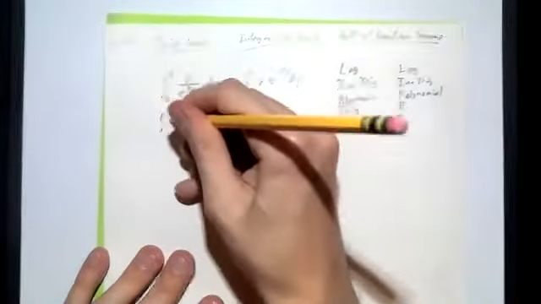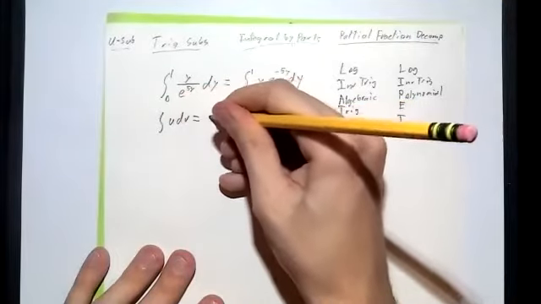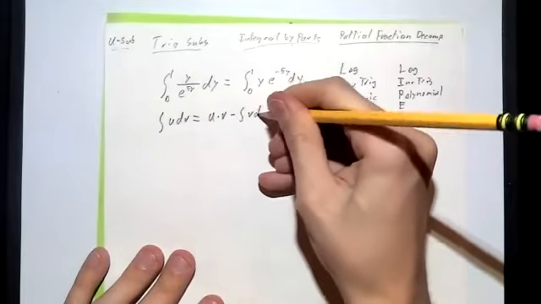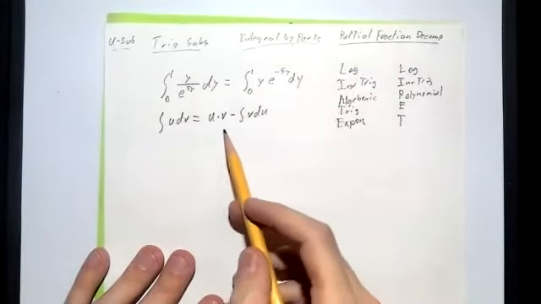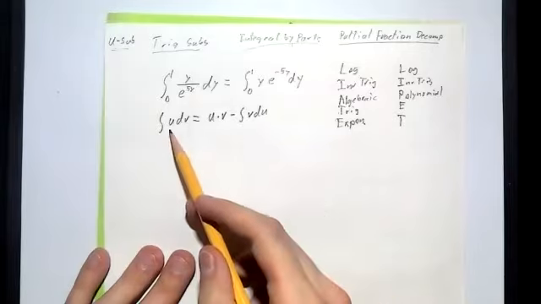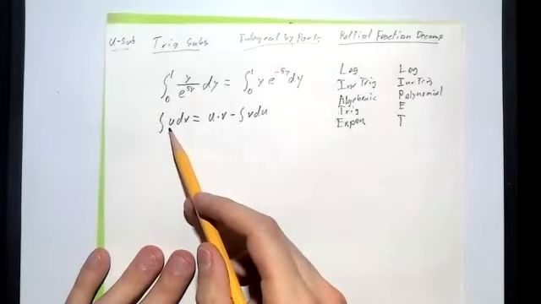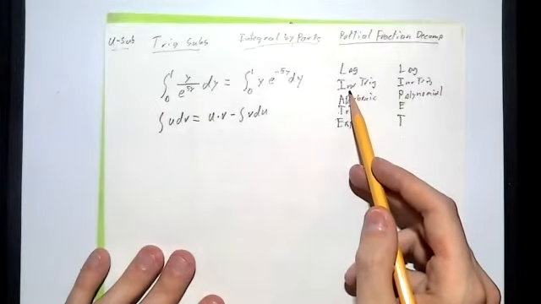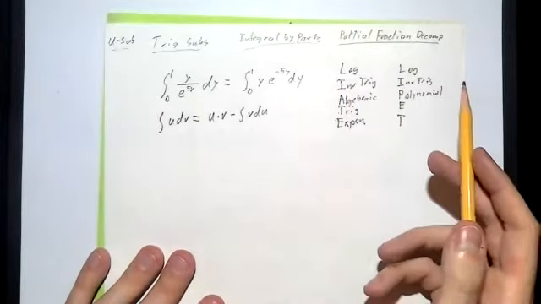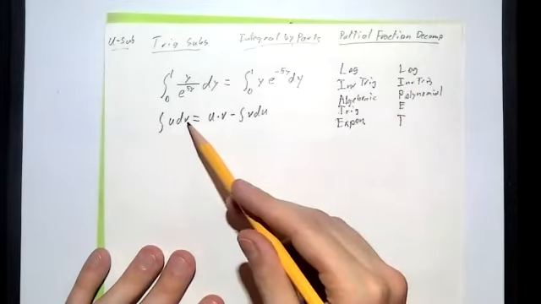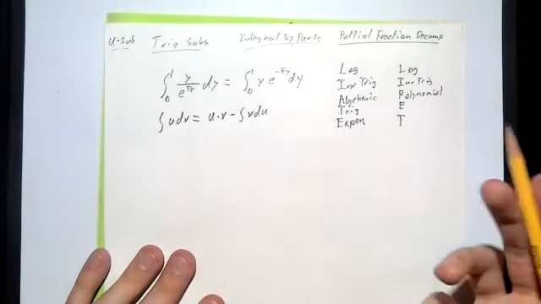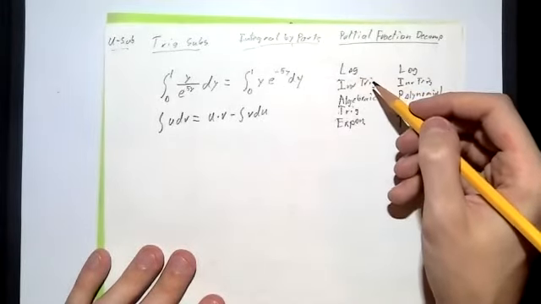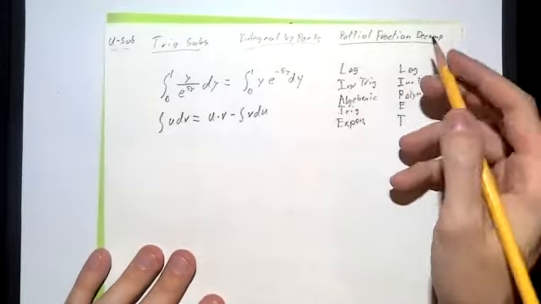So we know that the integral of u dv is equal to u times v minus the integral of v du. So through each iteration of these integrals, we're taking the derivative of u. And so these higher terms, like log and inverse trig, you can't take the integral as easily, which you would do if they were dv. So you like keeping them as the u because then you just take the derivative of log instead of the antiderivative of log.